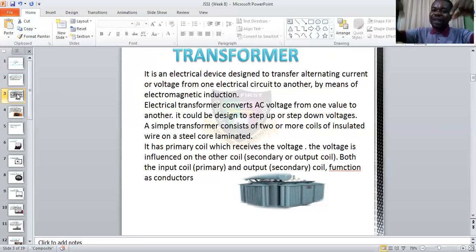Then the light that comes from the high tension cable enters the transformer, and it is very, very powerful. If there are few people around that will tap or connect light from that transformer, the transformer will step down the voltage that is coming, so as not to blow off their appliances at home.